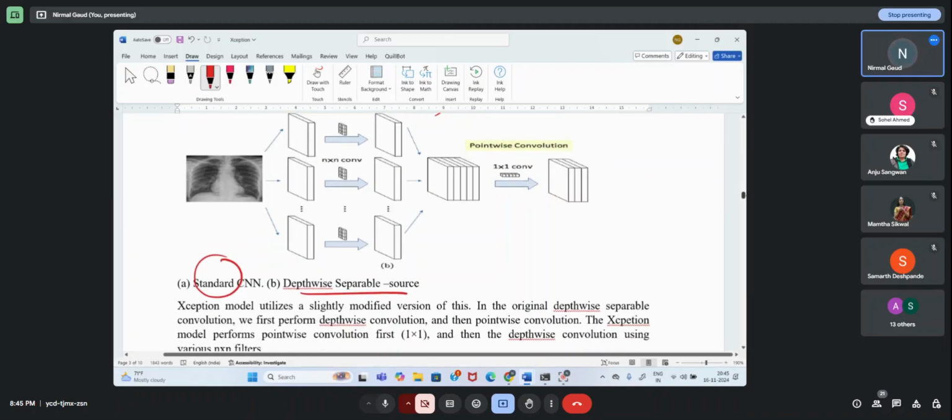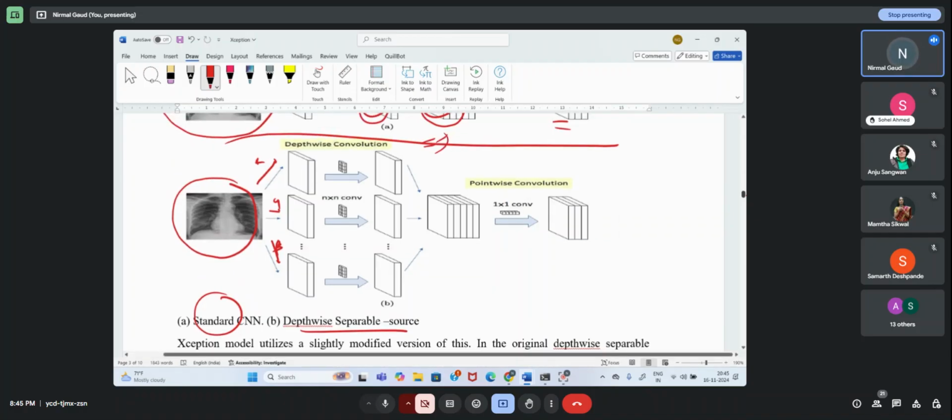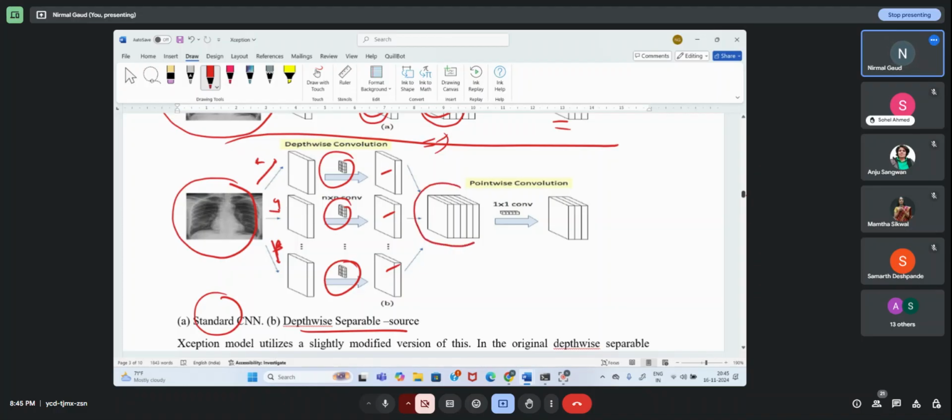First, if this is RGB, R, G, B are separated, and after separation a kernel is applied on all these three channels, whatever the result you get. Here it is now concatenated, and then one cross one is applied to get the final answer.